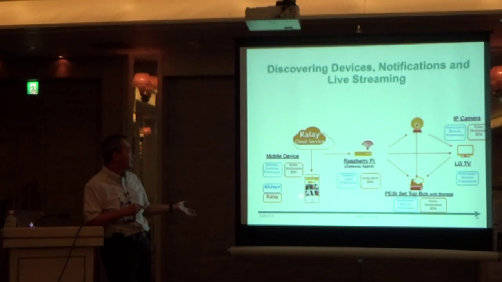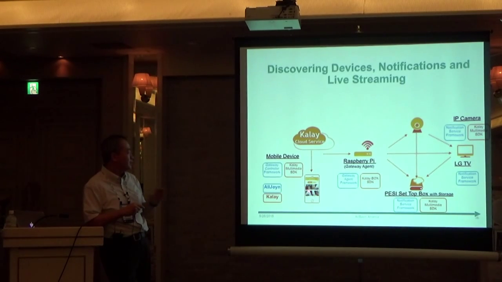For the smartphone, we have the Gateway Controller framework and also the Kalay Multimedia SDK. If you want to see the video streaming directly, you use the Kalay SDK to pull the video streaming directly, or you go through the AllJoyn Gateway Agent to get a notification.